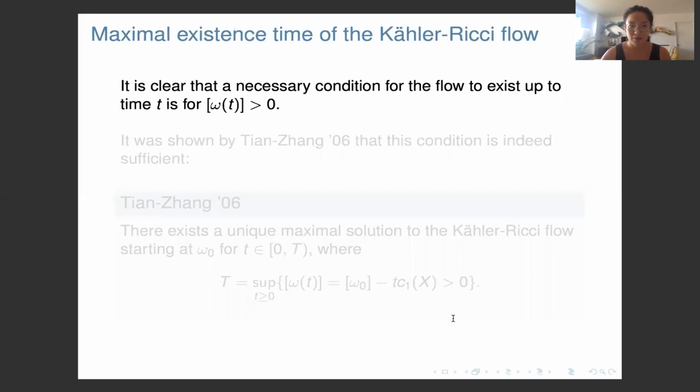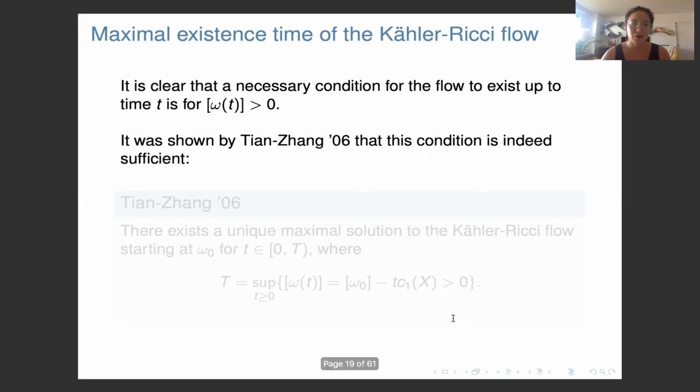So here we're going to talk about the maximal existence time of the Kähler-Ricci flow. Like I mentioned earlier, a necessary condition would appear to be that the DD bar class of omega t stays positive along the flow, or rather that the flow can only exist as long as that class remains positive, which is equivalent to saying that there still exists a Kähler metric within that class. But in fact, it was shown by Tian and Zhang in 2006 that this condition is indeed sufficient.